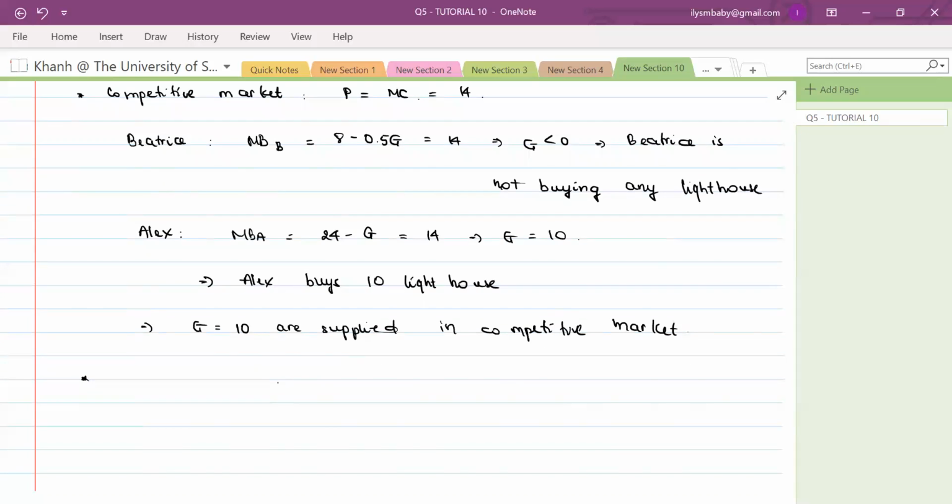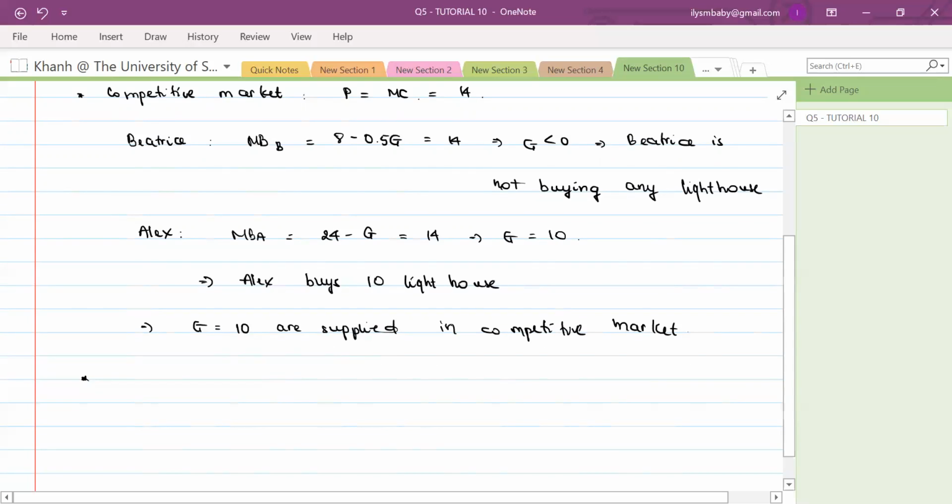So it's different from private goods, where at the same price you work out how much each consumer is demanding, and then you add all demand together to find the total quantity demanded in the market, which is what we did in the competitive market over here.